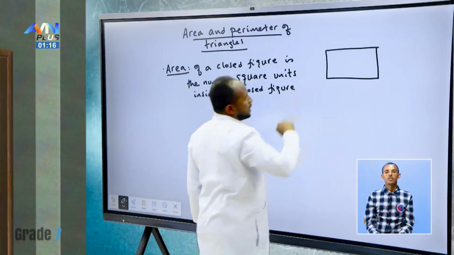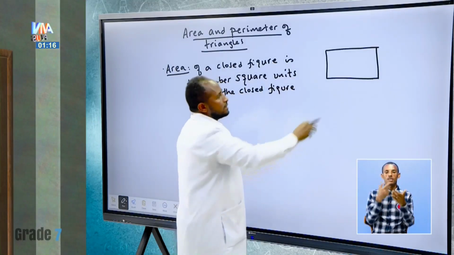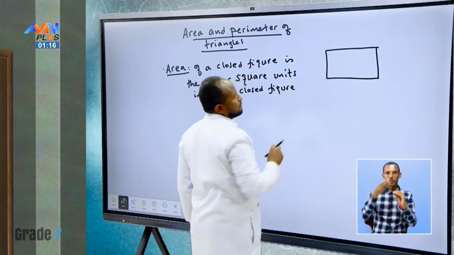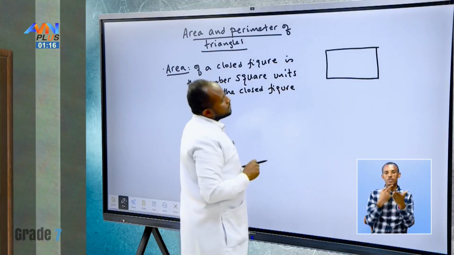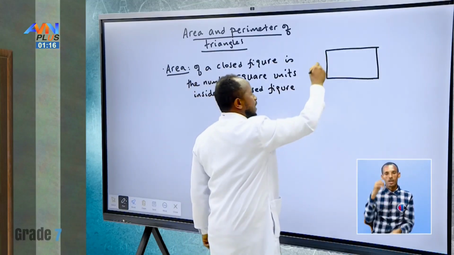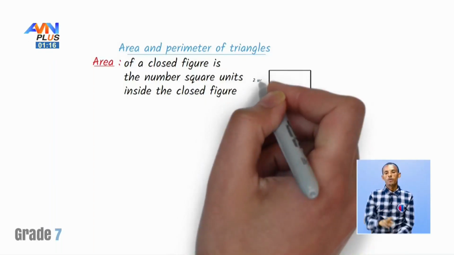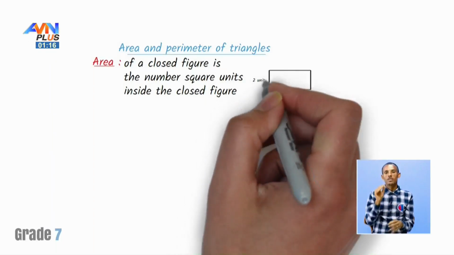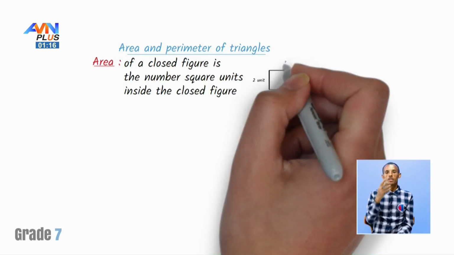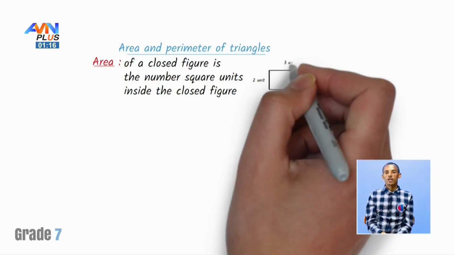the area of this region means the number of square units found in this region. So look, assume this one is 2 units, and assume this one is 3 units.